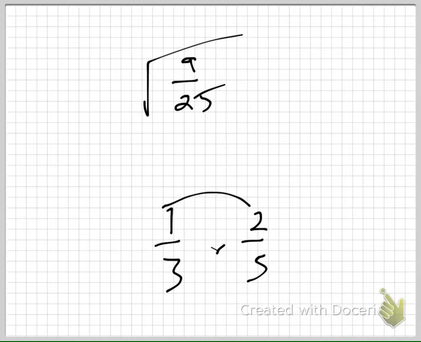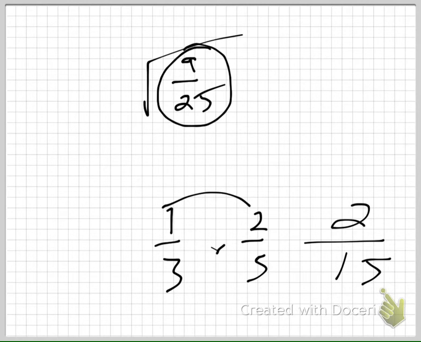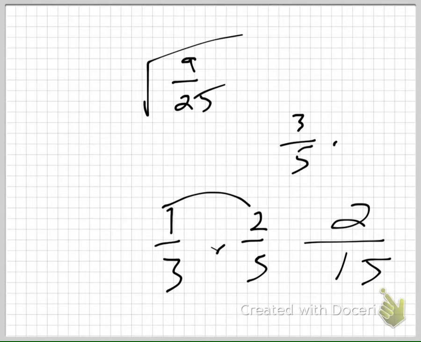You multiply 1 times 2 is 2, 3 times 5 is 15. You just multiply straight across. So look, what number times itself makes 9/25? 3/5, right? Because it's 3/5 times 3/5. That makes 9/25. Does that make sense?